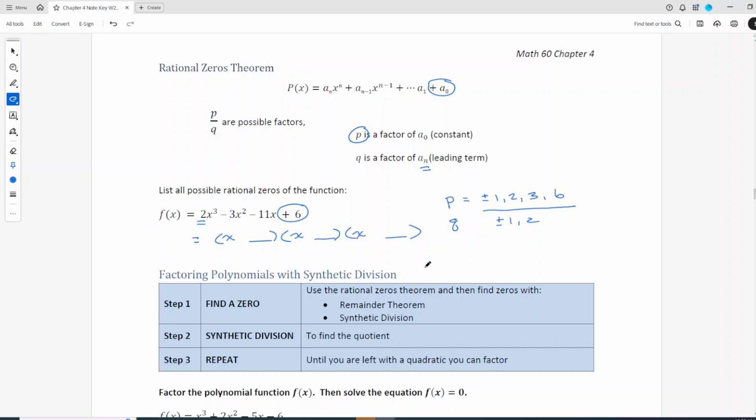So that overall, all of my potential rational zeros would be plus or minus 1 divided by 1, which is plus or minus 1, plus or minus 1 divided by 2, so that would be a half, and I know these are not in numerical order, plus or minus 2 divided by 1, which would be plus or minus 2, plus or minus 2 divided by 2, which is 1, I already have it listed, and then plus or minus 3 divided by 1, which would be 3, plus or minus 3 divided by 2, which is 3 halves, plus or minus 6 divided by 1, which is 6, and then plus or minus 6 divided by 2, which is 3, and I already have it.